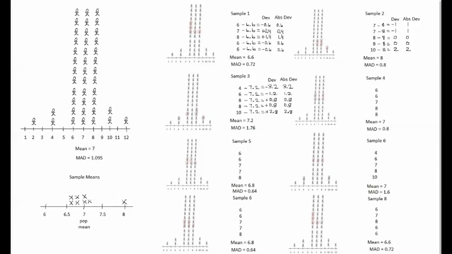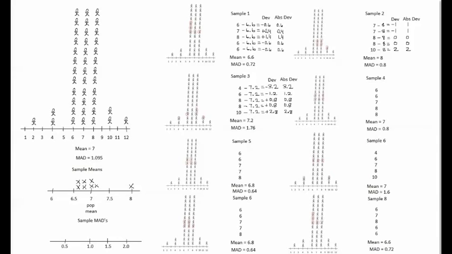We can see that right here if we make another graph of sample mean absolute deviations. Each sample mean absolute deviation will be an x, so we'll have 8 x's right here. The population mean absolute deviation was about 1, so if we round it to 1, we'll say that it's about right here. These 6 x's are the samples that underestimated the population mean absolute deviation.